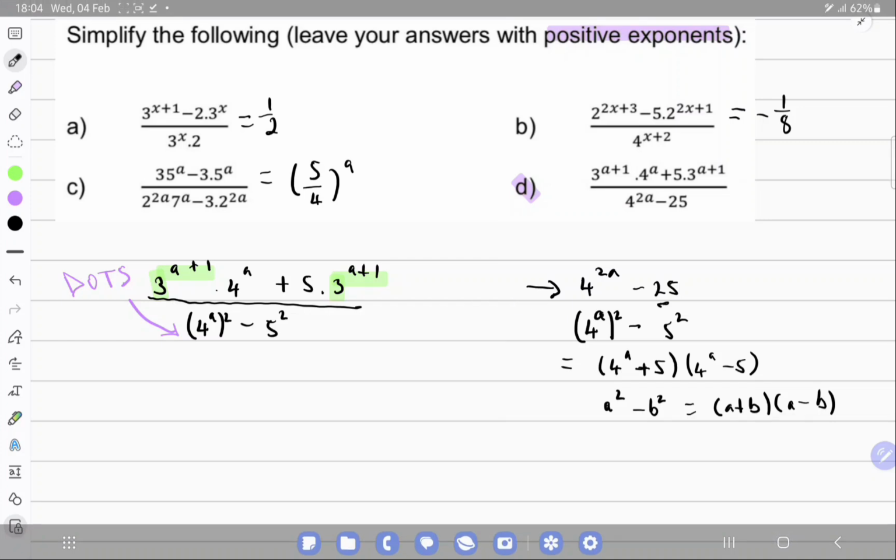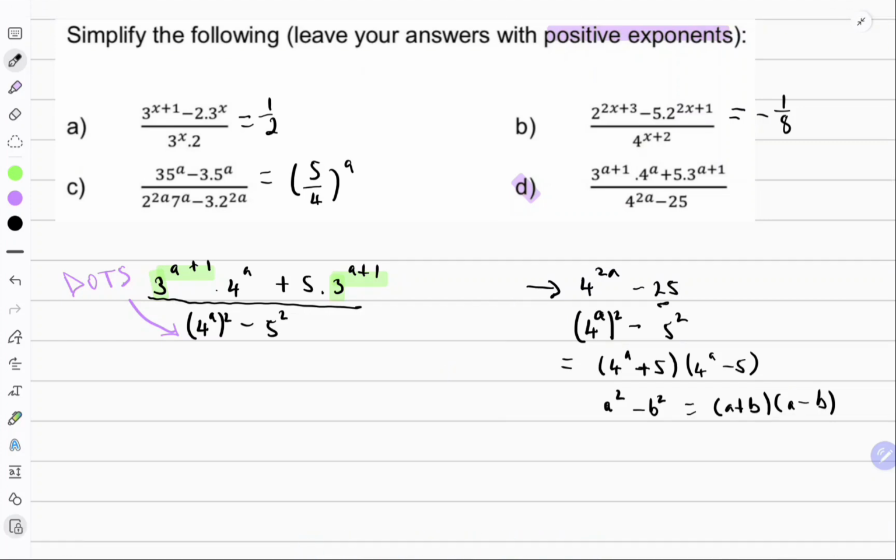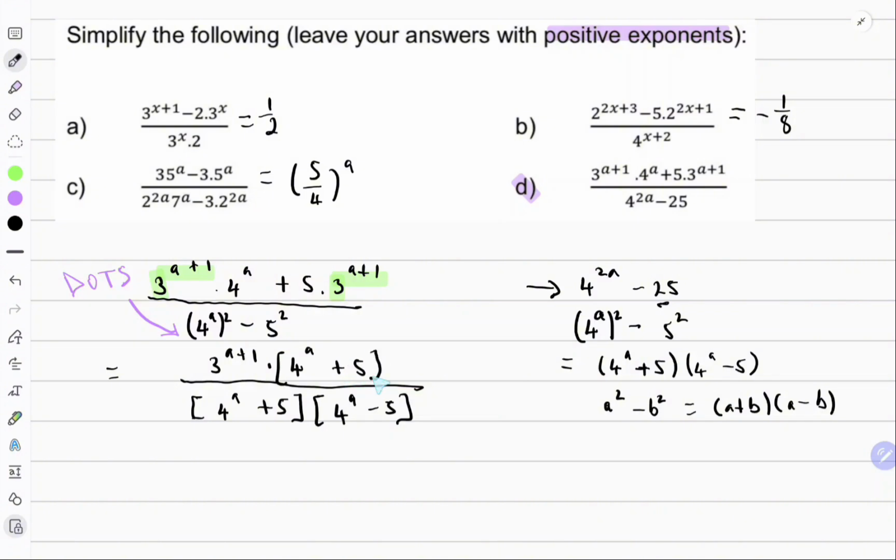So I'm just going to rewrite the denominator as 4 to the power of a plus 5, 4 to the power of a minus 5, and then in the numerator you can factor out 3 to the power of a plus 1, and then you're left with 4 to the power of a plus 5.